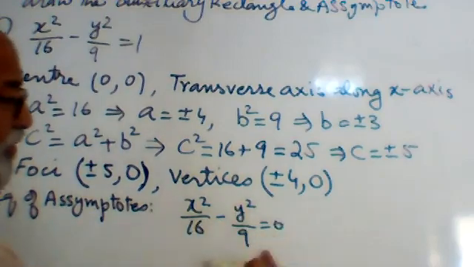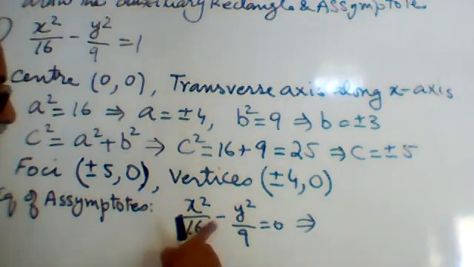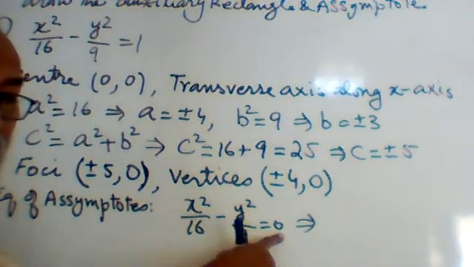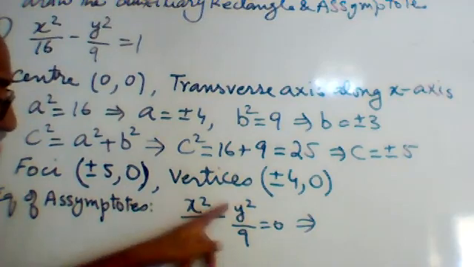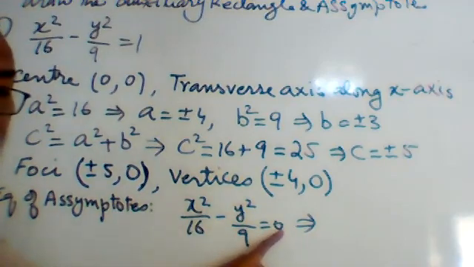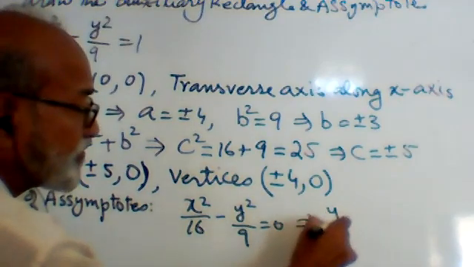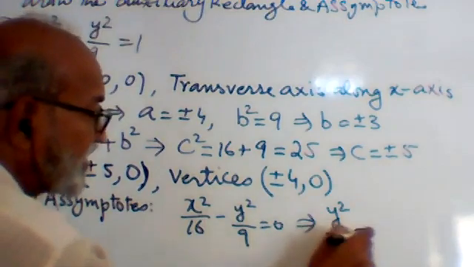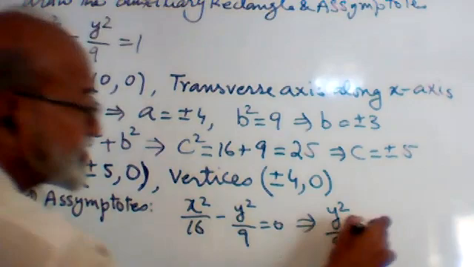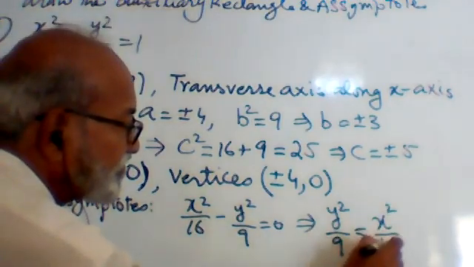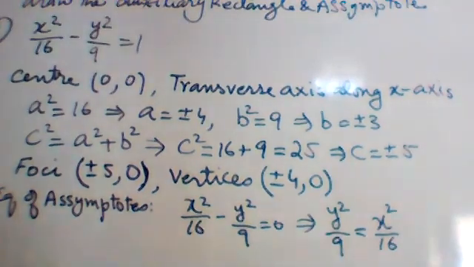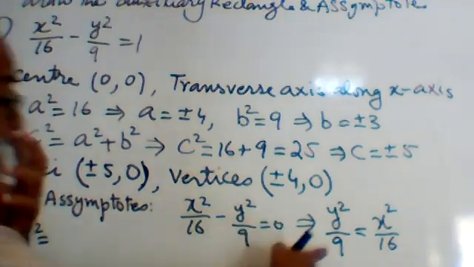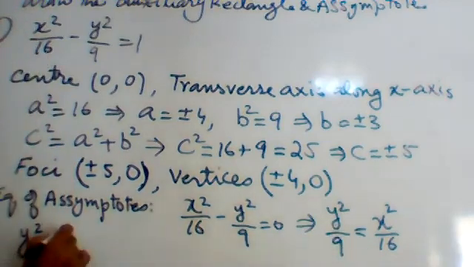It will become y square upon 9 equal to x square upon 16. Now 9 will be shifted over there. y square will become 9 upon 16 x square.